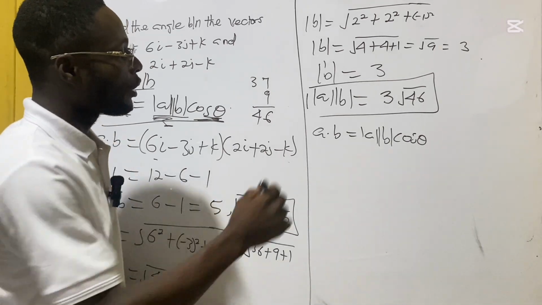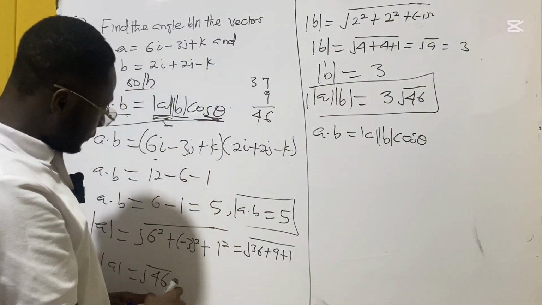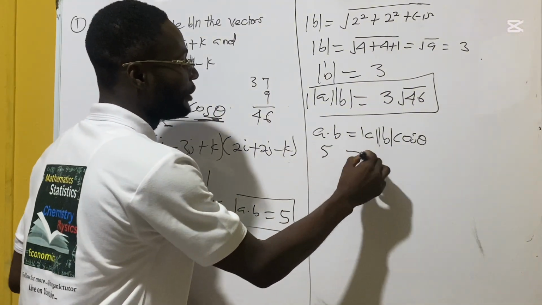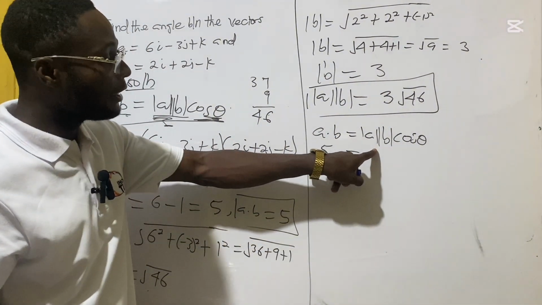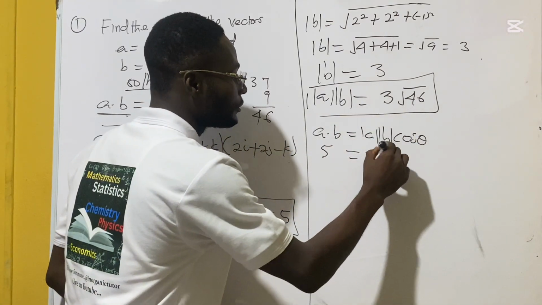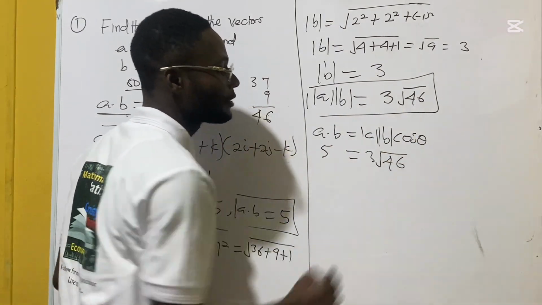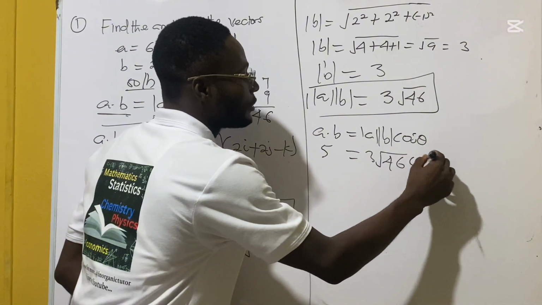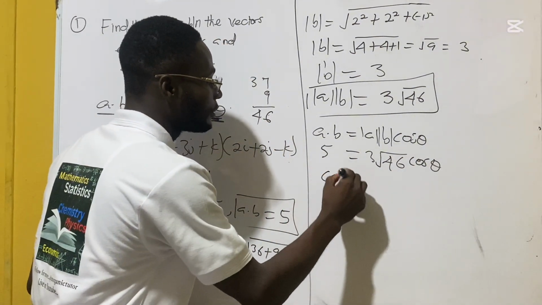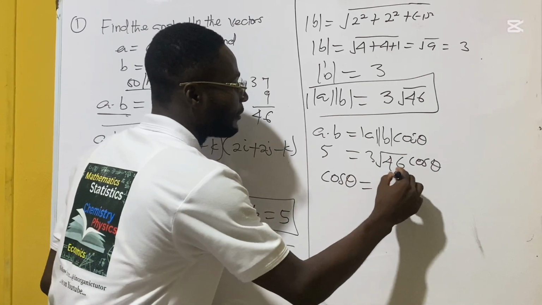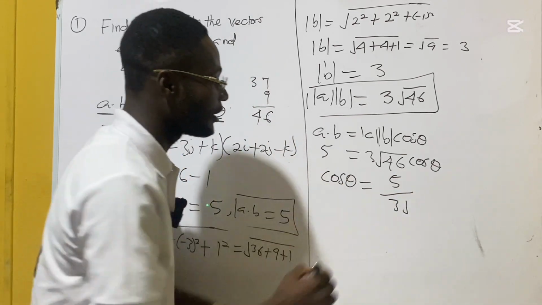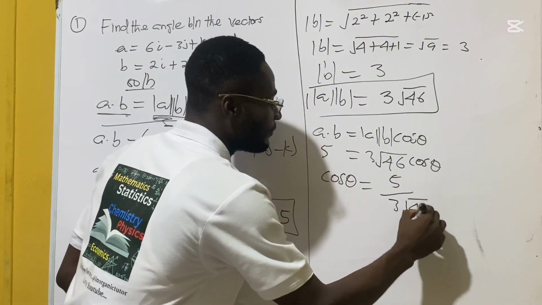So here we have A dot B to be 5, and the magnitude of A times the magnitude of B to be 3 root 46, times cos theta, right? So cos theta equals 5 over 3 times the square root of 46.